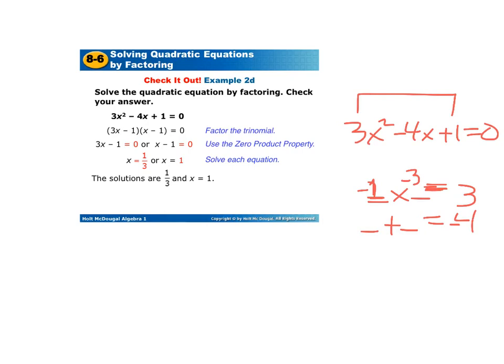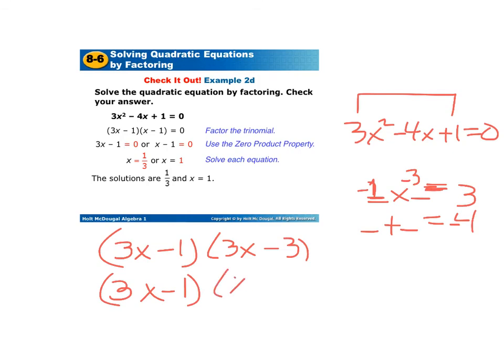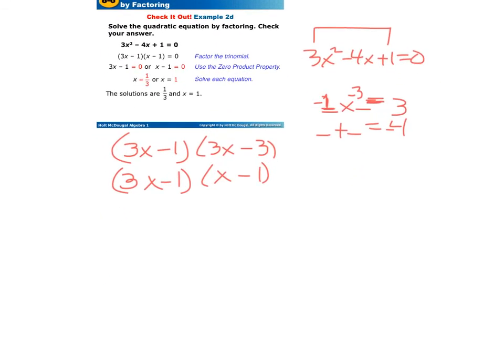So I'm going to do 3x minus 1 and 3x minus 3. This one can't be simplified. This one I can divide them both by 3. And I have my two binomials, and now I set them equal to 0. Again, you're going to get a fraction answer.